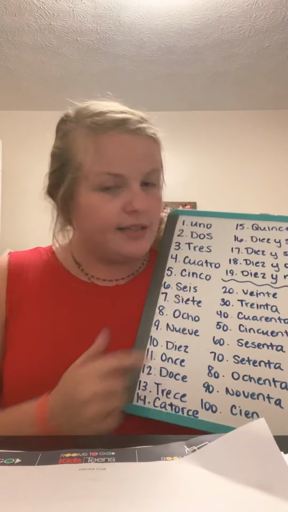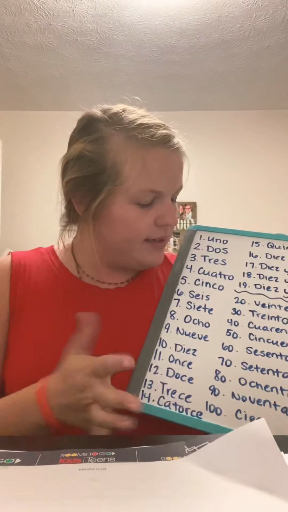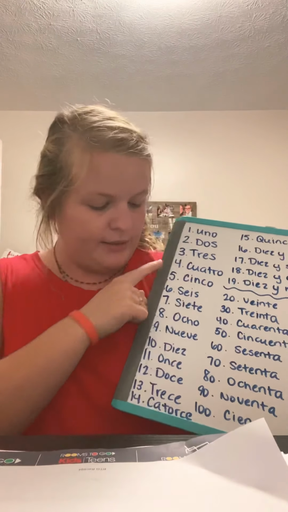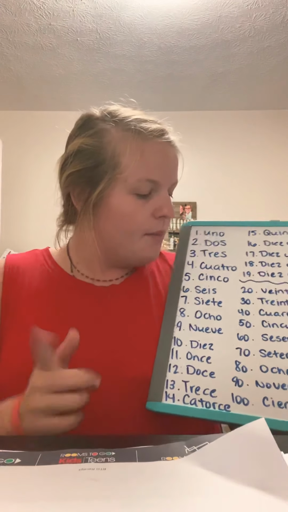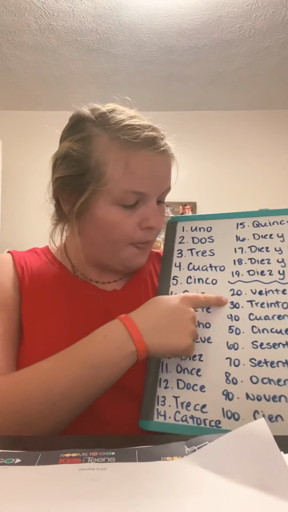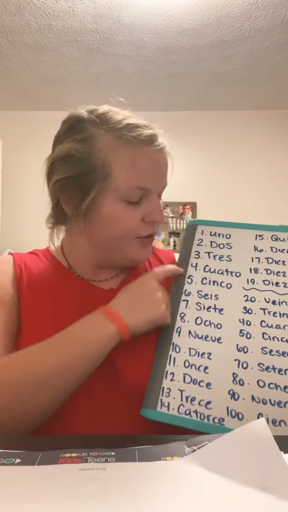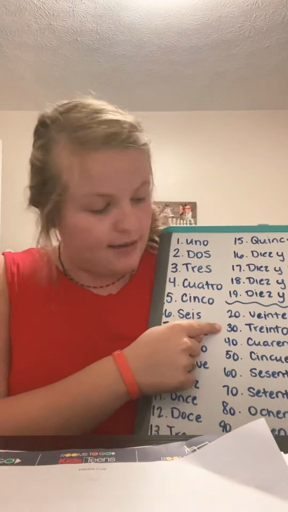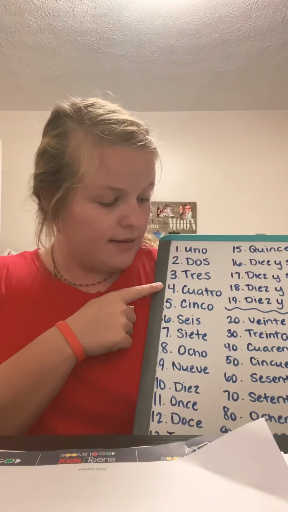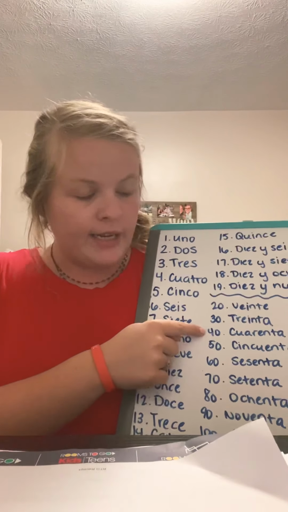So if you look at the tens, the only one that doesn't really have any similarity to its regular number here is 20. But if you look at 30, if you look at 3 in Spanish, where's 3? It's tres. 30 is treinta. 4 is cuatro. 40 is cuarenta.